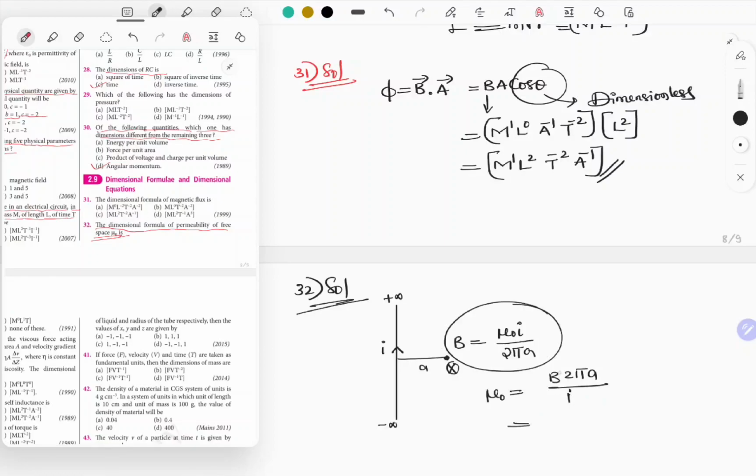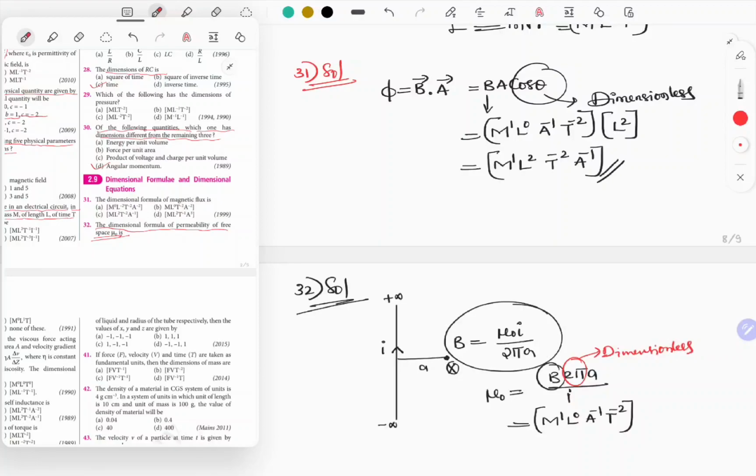Very good. What's the formula for magnetic field? Magnetic field is M power 1, L power 0, A power minus 1, T power minus 2. 2 into pi does not have any dimensions, so this is dimensionless.